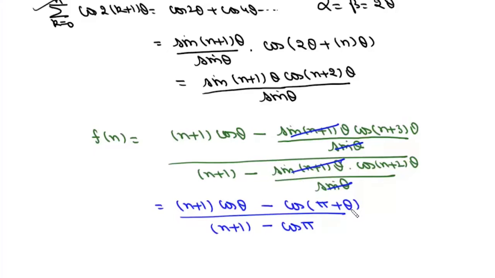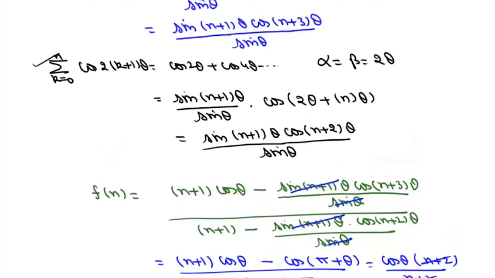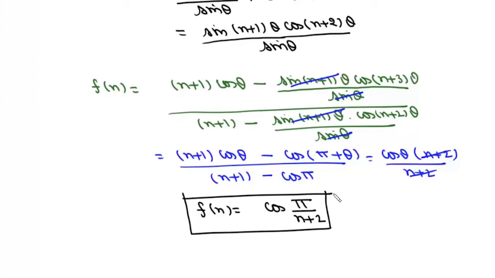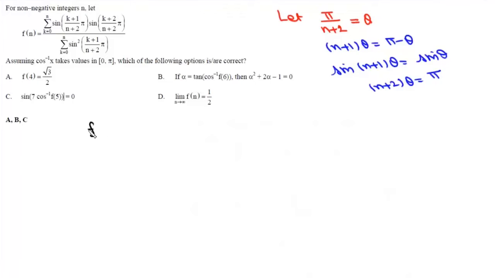Now cos(pi plus theta) is minus cos theta, so minus minus becomes plus, and we can write this as cos theta into (n plus 2) upon (n plus 2), which will also cancel. So basically this function fn will be cos pi upon n plus 2.